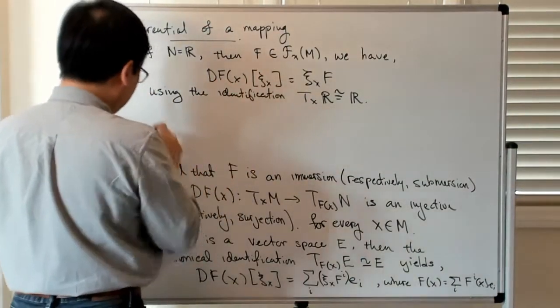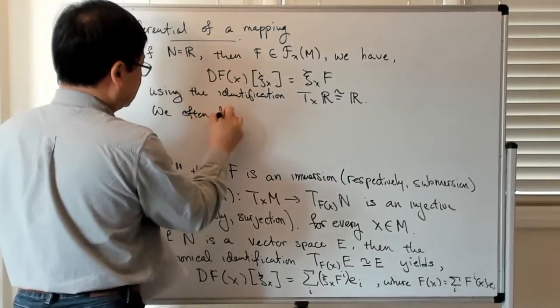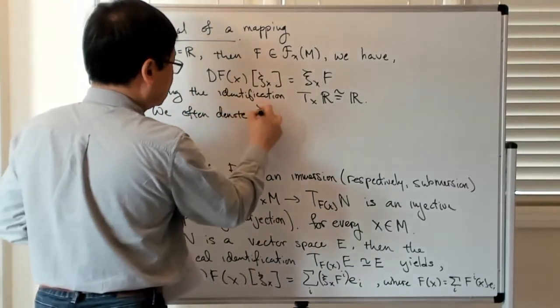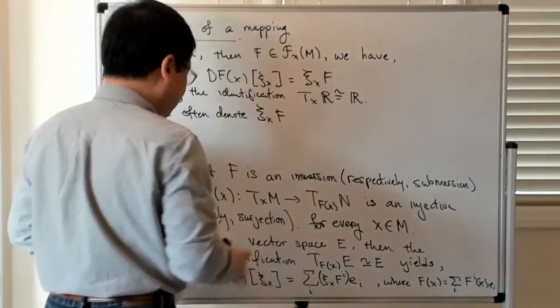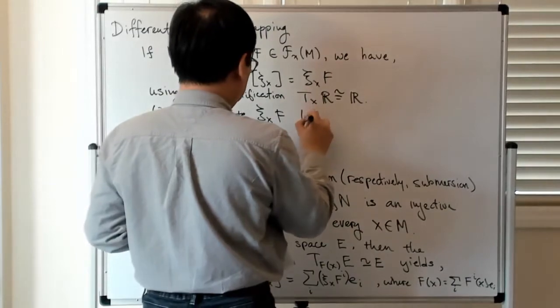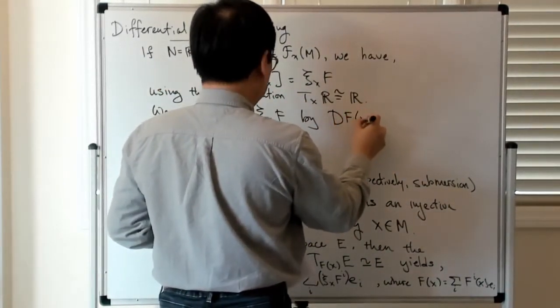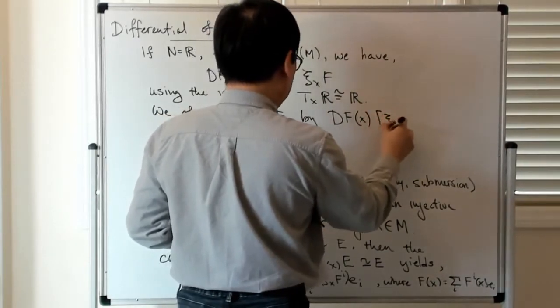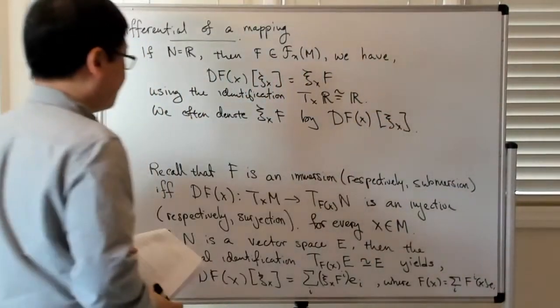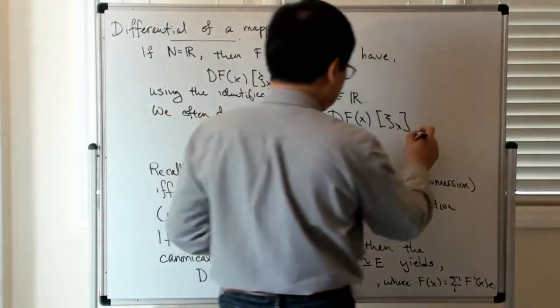So with that in mind, we often denote a vector acting on a scalar function by this left-hand side, which is the linearization of the map acting on that vector, which emphasizes that this is a derivative.